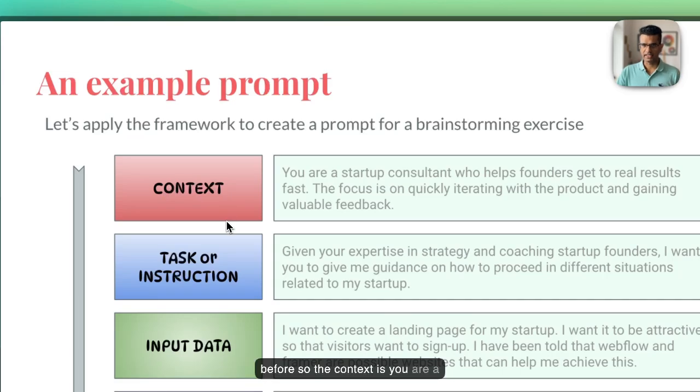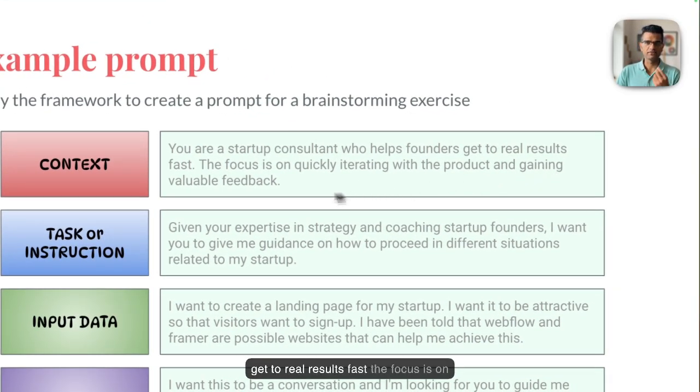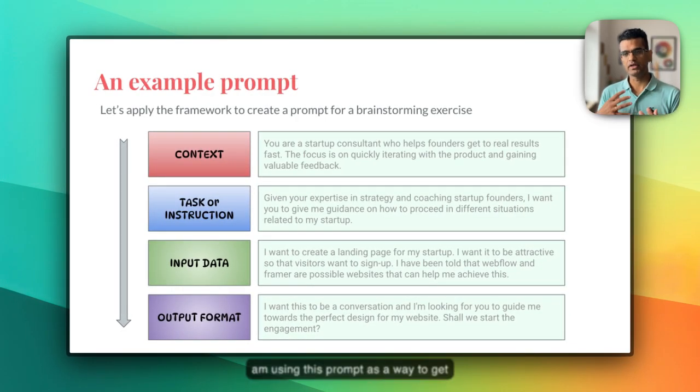The context says, you are a startup consultant who helps founders get to real results fast. The focus is on quickly iterating with the product and gaining valuable feedback. So I am using this prompt as a way to get into a brainstorming exercise with ChatGPT, but as a starting point, I always set the context to ground the model in a particular area of its world knowledge.